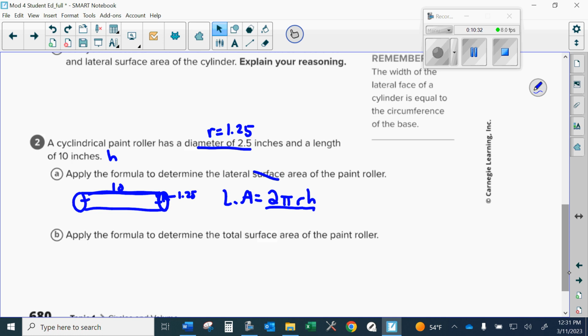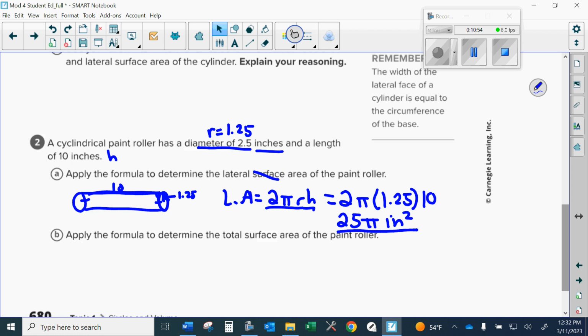So in this case, it would be 2 pi r, we already said it was 1.25, times the h, 10. So 10 times 1.25 is 12.5, times 2 is 25 pi. And whatever the units are, inches, and it's area, so it's squared. Remember, area is squared, whether it says lateral area or just regular area. Anytime it says area, it is squared, volume cubed.